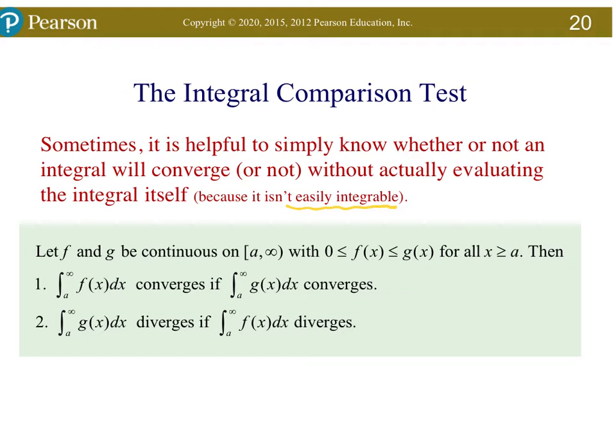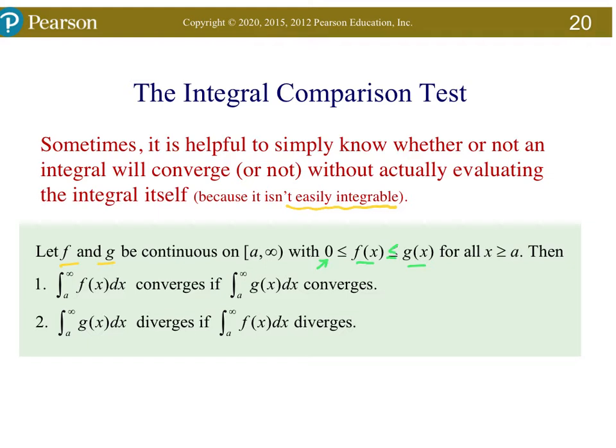So if you've got two functions, f and g, and they're both continuous on the same domain, and they're both positive, but the f function is always the smaller of the two. So yes, they have to be greater than 0, but f of x is always less than or equal to g of x.